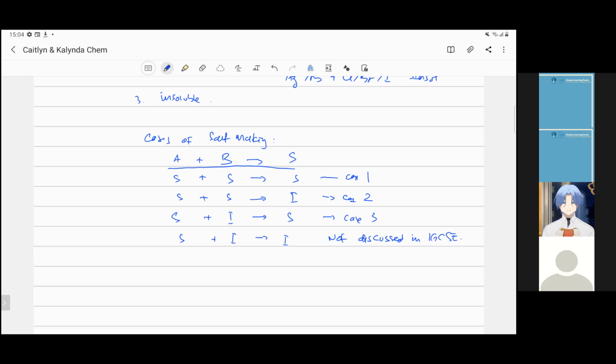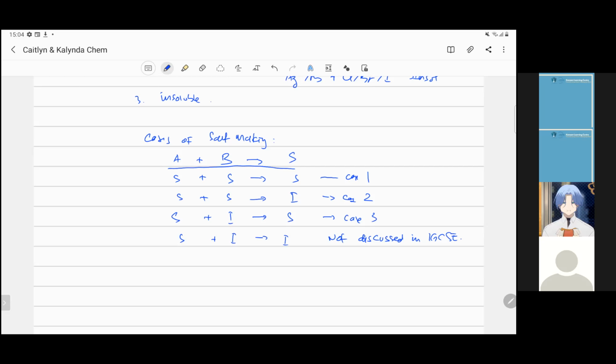I repeat, because all acids are soluble, but bases and salts, some of them are soluble and some are not. So we have 4 possible scenarios. Both of them soluble and the result is also soluble: that's case number 1. Then both of them soluble, but the result is insoluble: that's case number 2, the easiest.